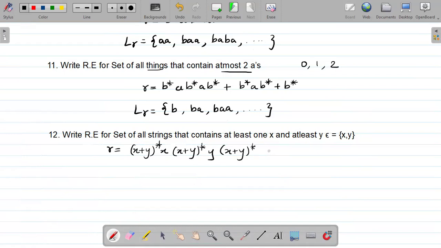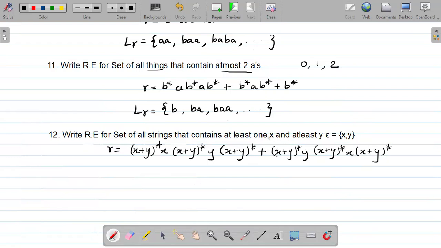There is one combination which it cannot take care of. So that combination we will give by (X plus Y) the whole star and Y followed by (X plus Y) the whole star, X and (X plus Y) the whole star. Why is this required?